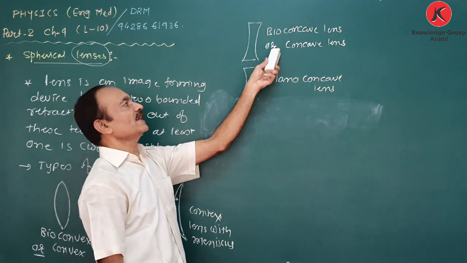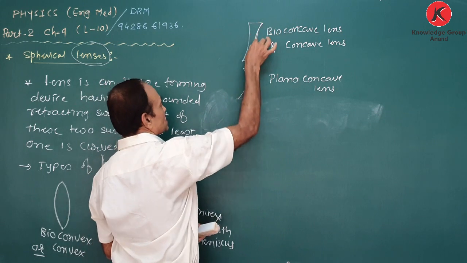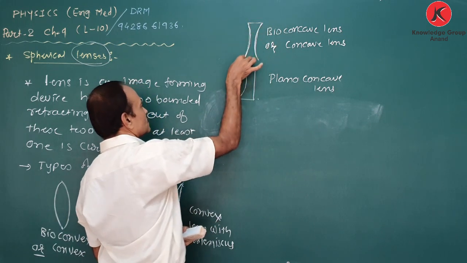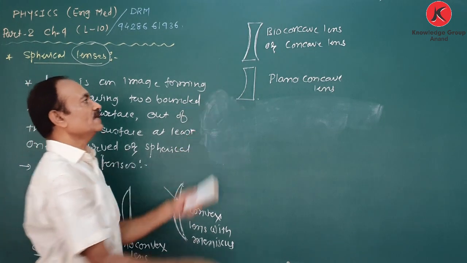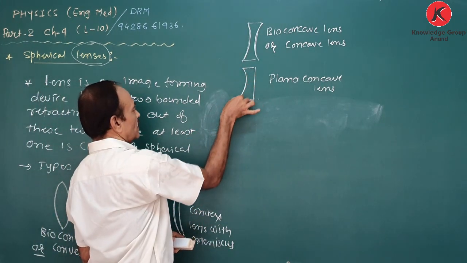Here the biconcave, where both spherical surfaces are like this, or simply the concave lens. And here there is the plano-concave lens.